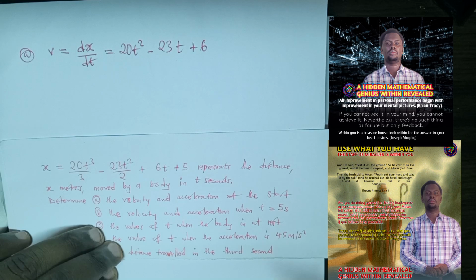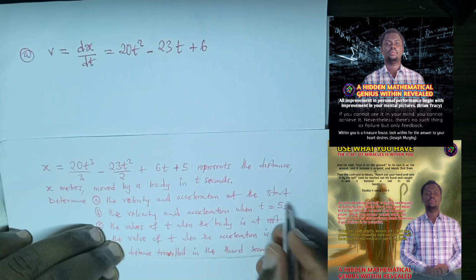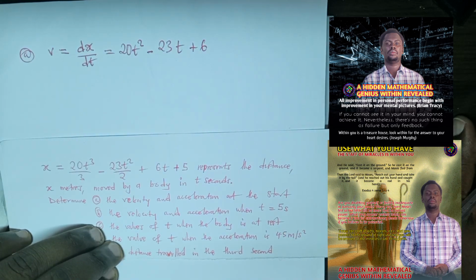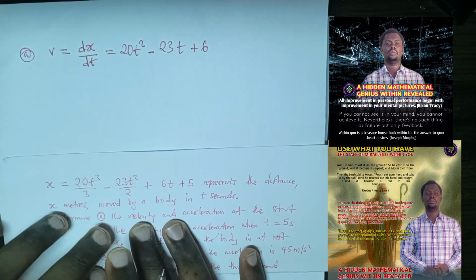Now we are told to find velocity at the start. Velocity at the start means time should be 0. So we need to find velocity when t is equal to 0.